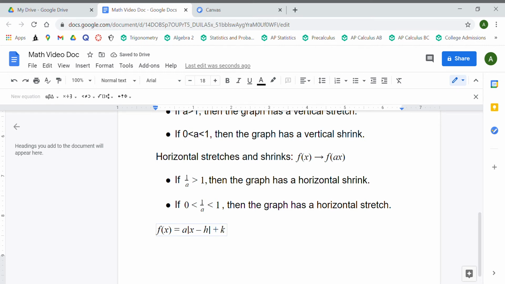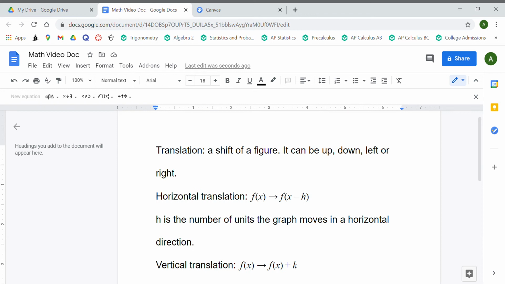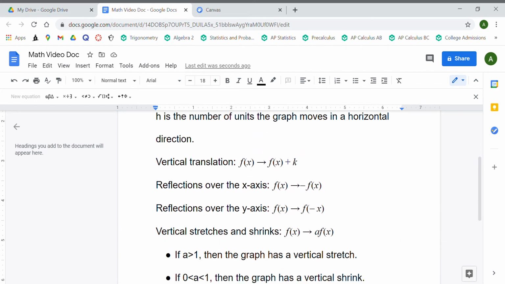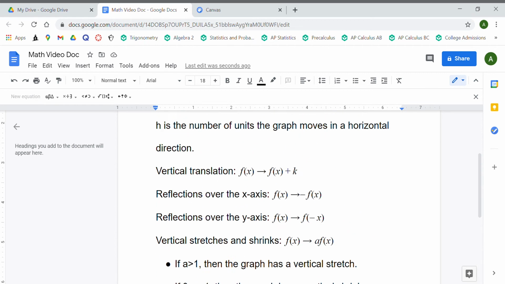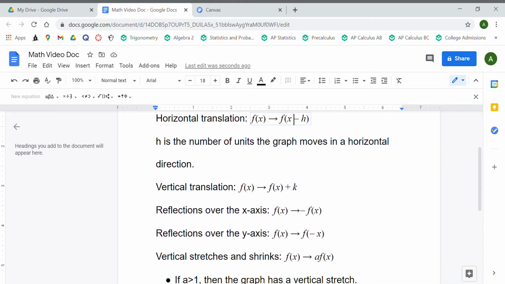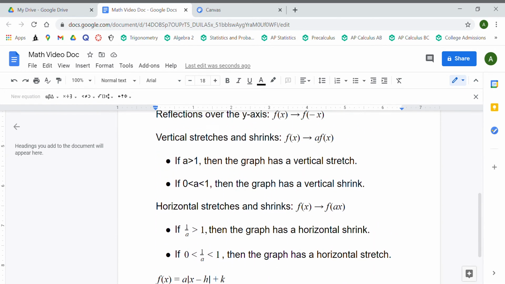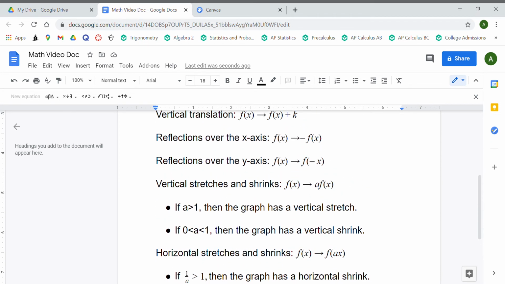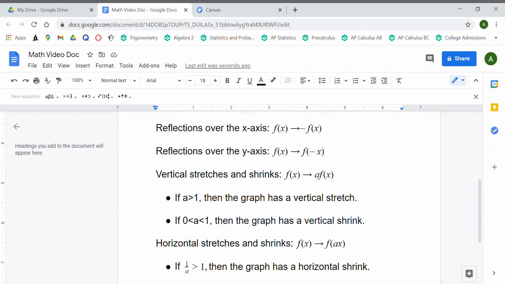Now, you remember what I was talking about in terms of translations. You look at these rules one more time. You'll notice that the h value would be a horizontal translation, k value would represent a vertical translation, and a value would show a vertical stretch and shrink. And if a value is negative, then it will be a reflection over the x-axis.